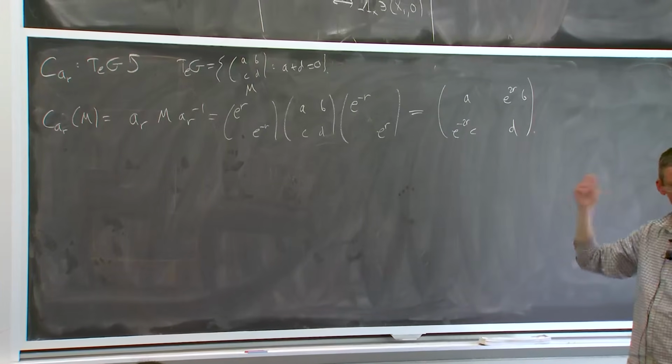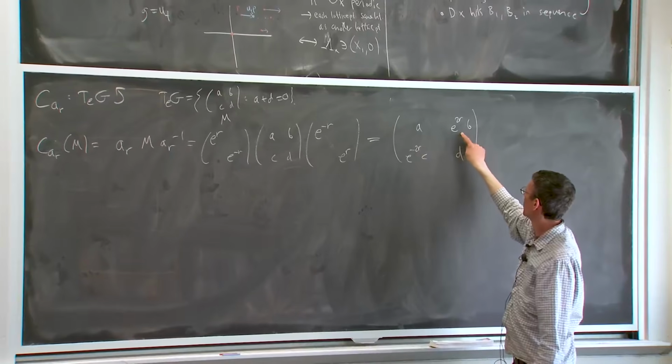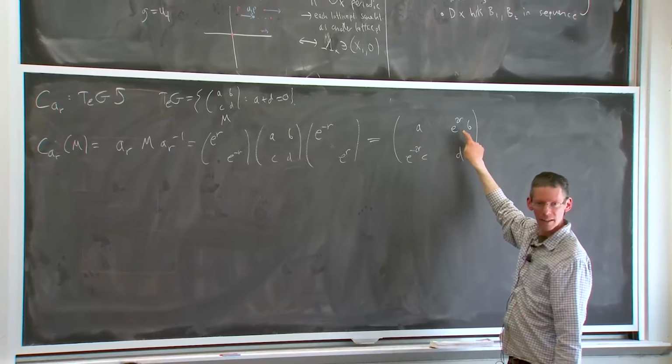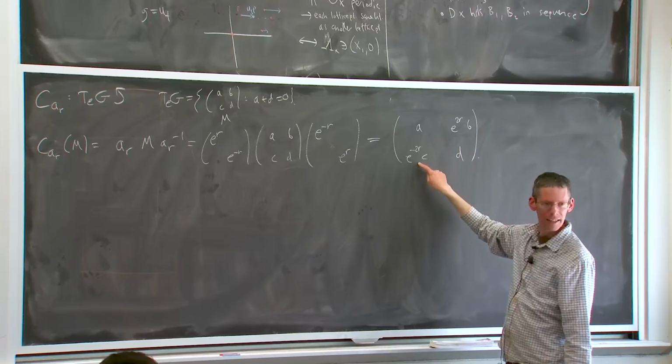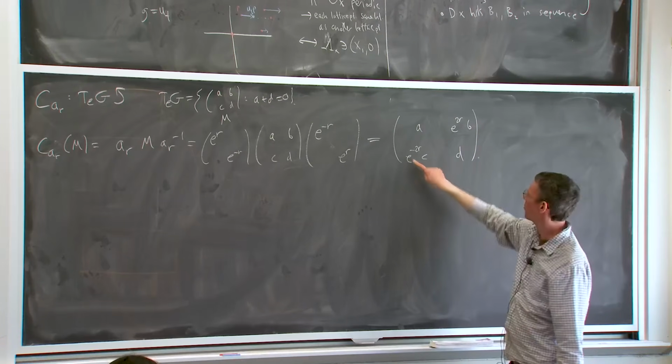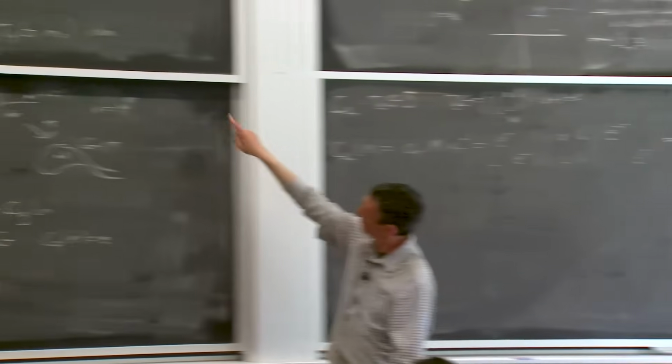So this conjugation doesn't change the diagonal. It magnifies this component, and it demagnifies that component. That happens to be something we can describe really nicely in the orthonormal basis that I picked.